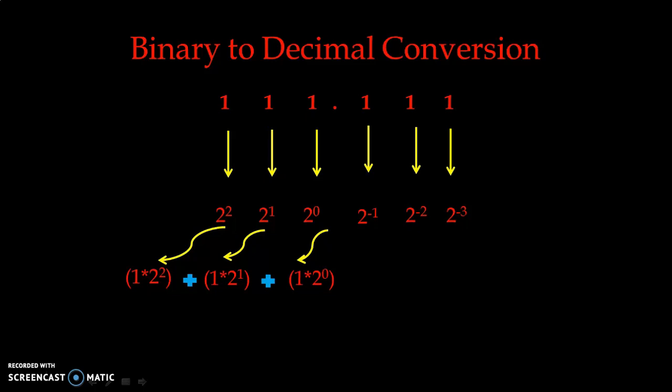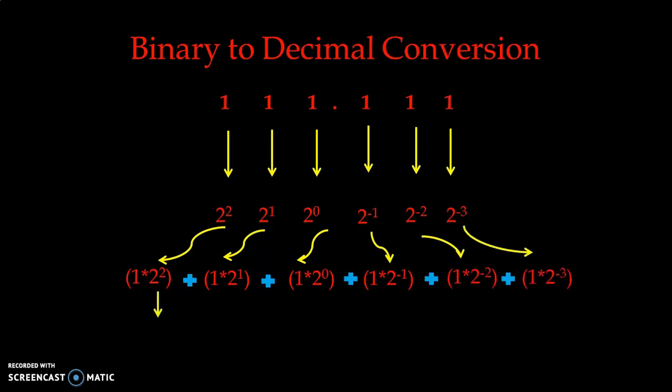But in our example, we have all ones. So we multiply 1 multiplied by 2 raised to minus 1, add 1 multiplied by 2 raised to minus 2, and we have 1 multiplied by 2 raised to minus 3.